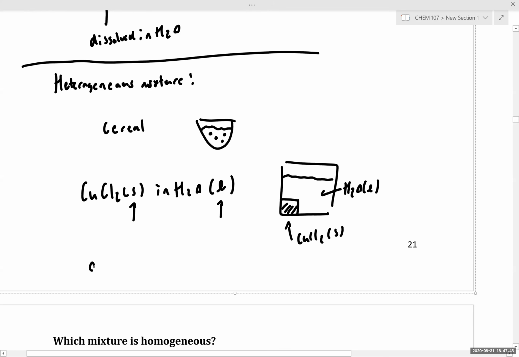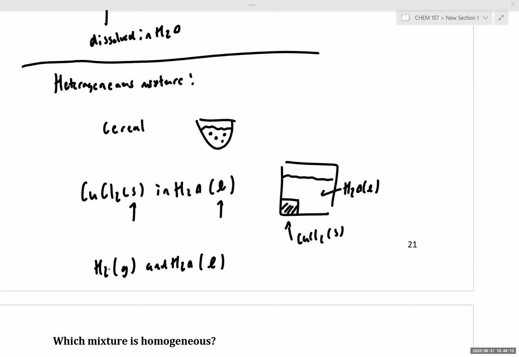Another example would be, as we've seen previously, like oil and water. Or to use another example, if we see carbon dioxide gas and water, actually let's use hydrogen instead of carbon dioxide, just to avoid a potential nuance in that discussion.